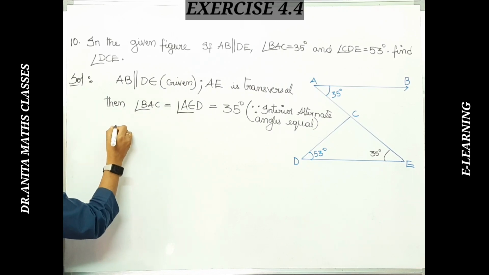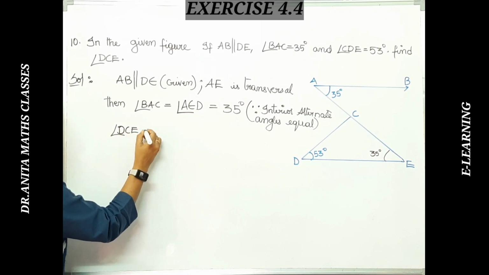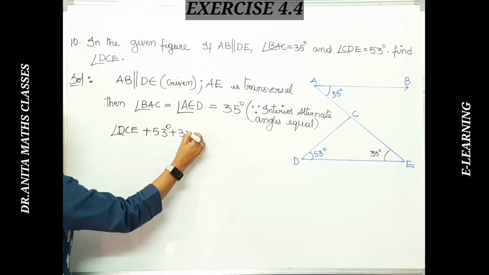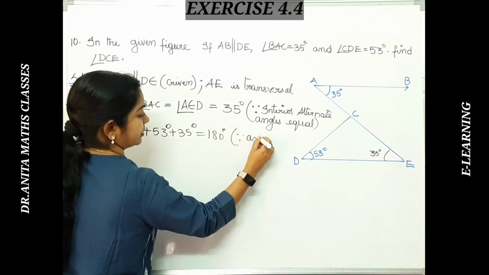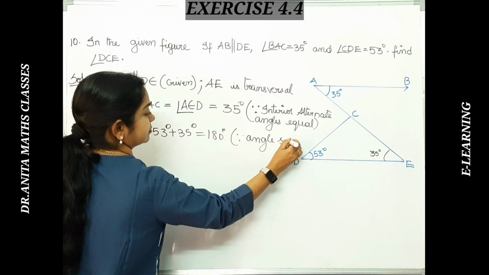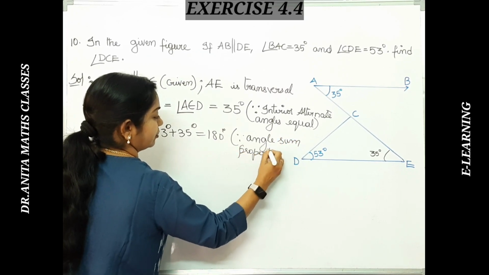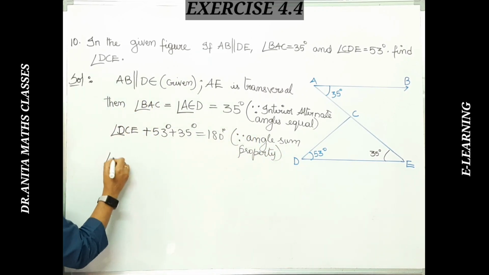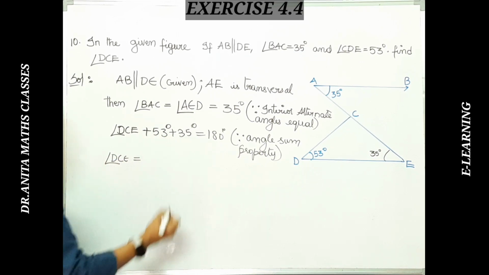We'll write angle DCE plus 53 degrees plus 35 degrees is equal to 180, since angle sum property of triangles. From this we will find angle DCE equals 180 degrees minus 88, since 53 and 35 is 88.